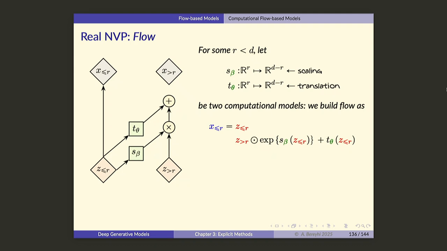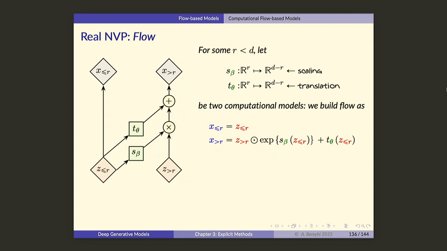So T, the translation output, is going to be added to whatever we have computed up to this point. This process computes the second d minus r entries inside x. Okay? Everybody's cool? So you got the idea. The first part got copied.